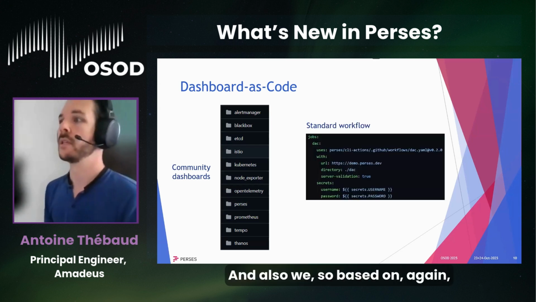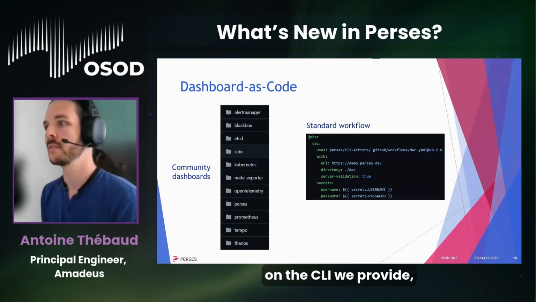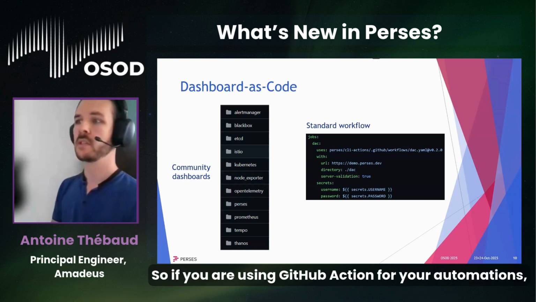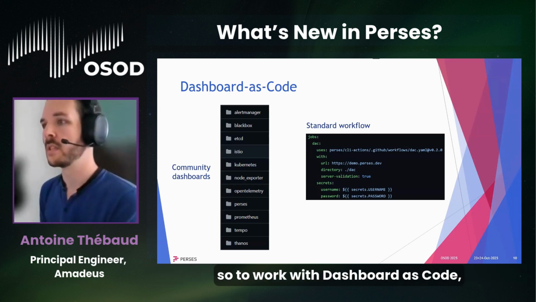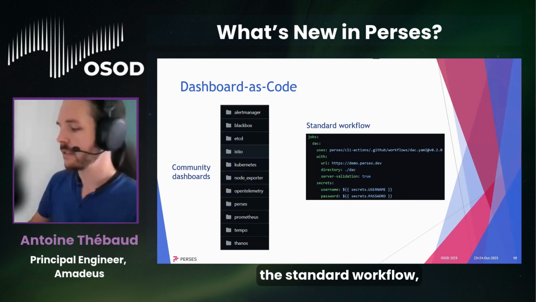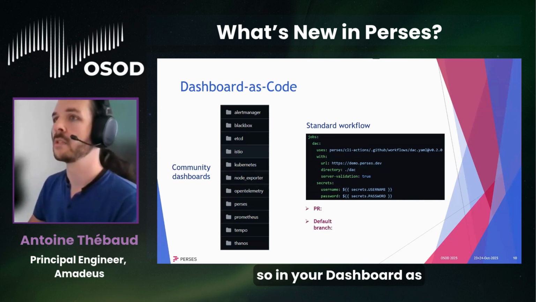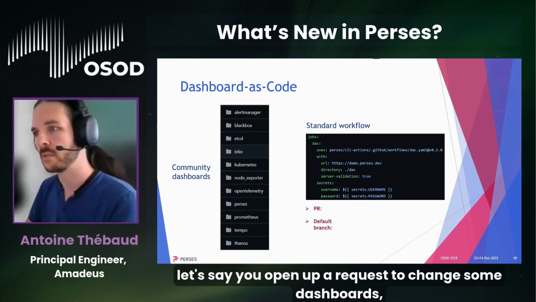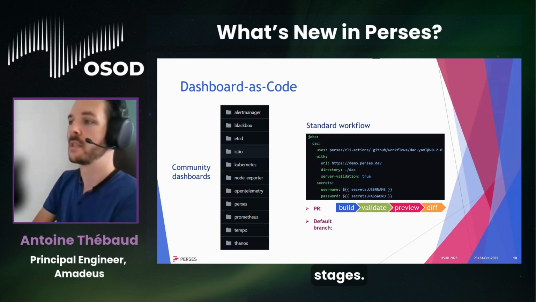Also, based on the CLI we provide, we release the standard workflow. If you are using GitHub Action for your automations to work with dashboard as code, it's quite easy to just rely on this standard workflow. By doing so, in your dashboard as code repo, the day you open a pull request to change some dashboards, this standard workflow will trigger some stages.